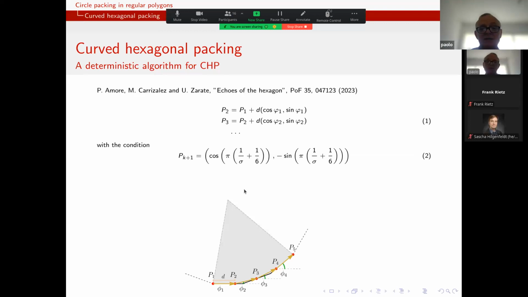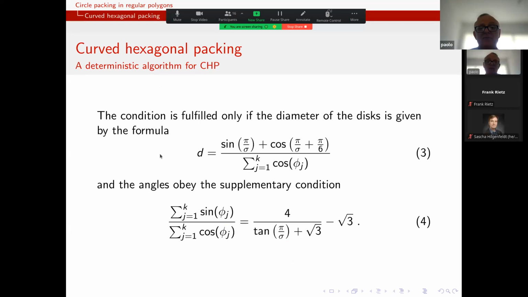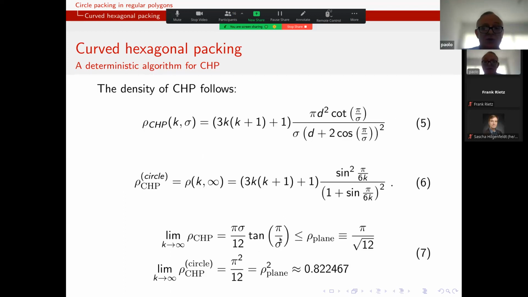So this gives you a condition, and this condition manages to calculate an explicit formula for the diameter of the disks, which is also a supplemental condition, in terms of sigma, which is the number of sides. So in this way, you are able to calculate explicitly the density of this configuration if they exist. And essentially the circle corresponds to taking the limit sigma to infinity.